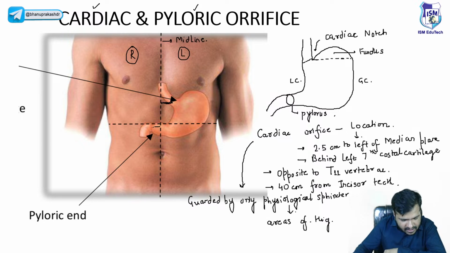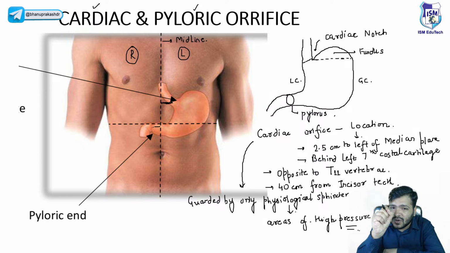When I say anatomical sphincter, basically they are areas of narrowing, and when I say physiological sphincter, they are areas of high pressure. It is the high pressure that prevents the reflux. Very good, beta.